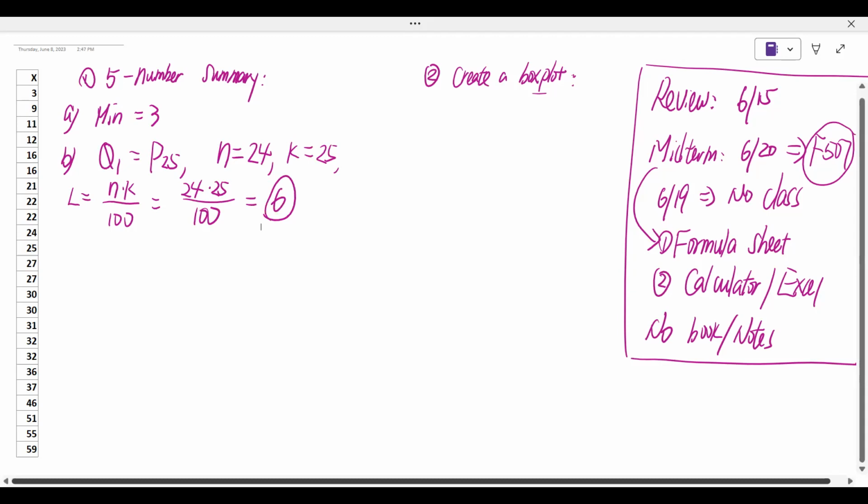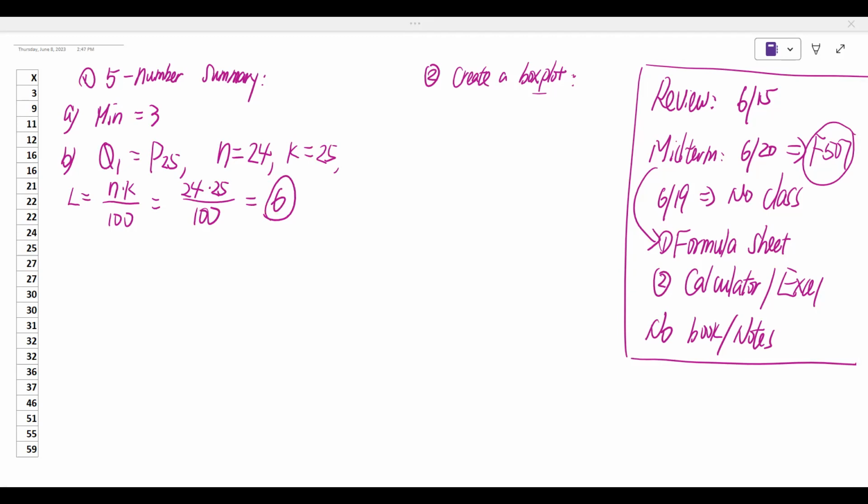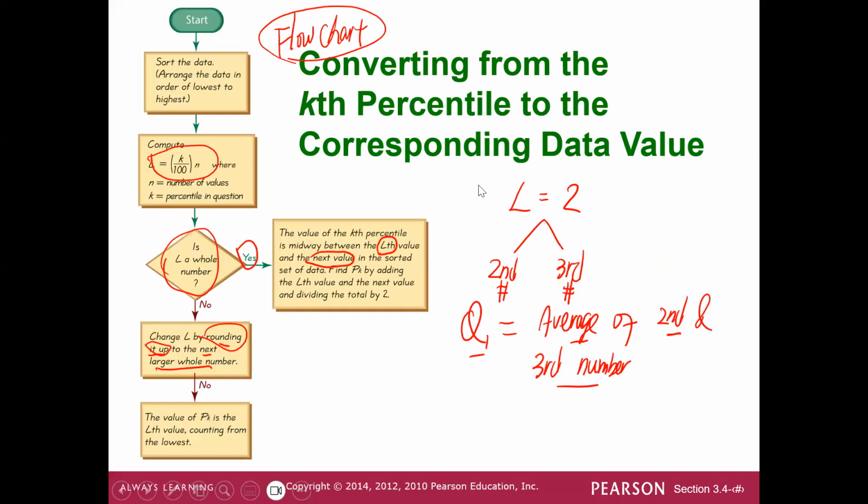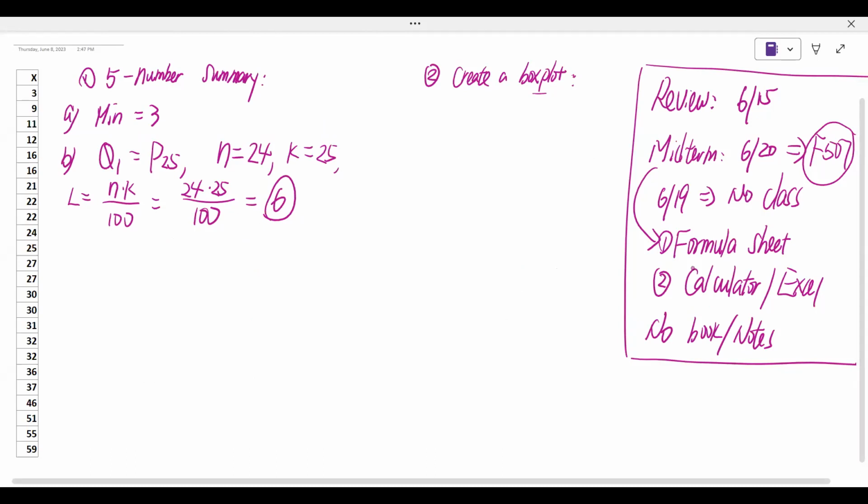So what do we do? We average the 6th and 7th data values, which in this case are 16 and 21. So quartile 1 equals the average of 16 and 21.